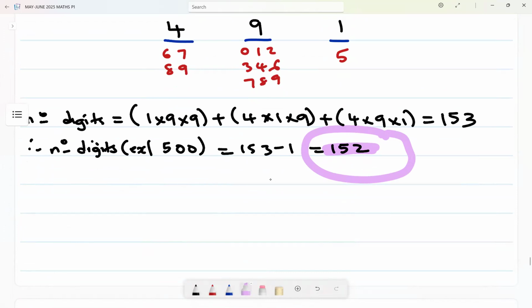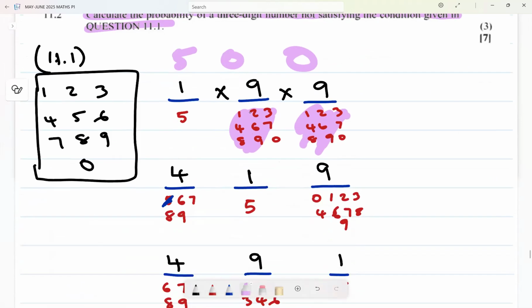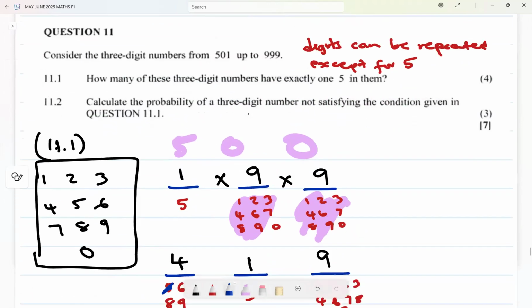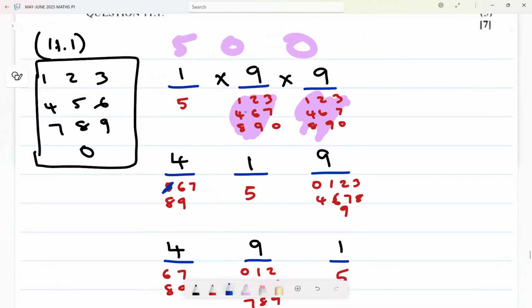So we need to find the total number of probabilities. So the total number of probabilities here from 501 to 999 is going to be, how can I find the probability? The total, what is the total of these?